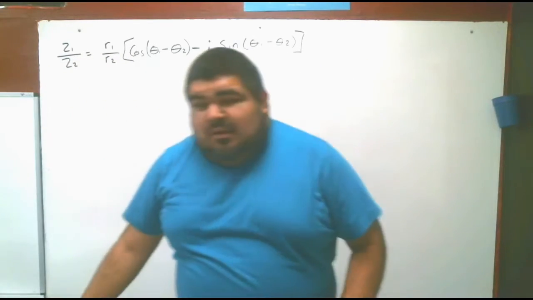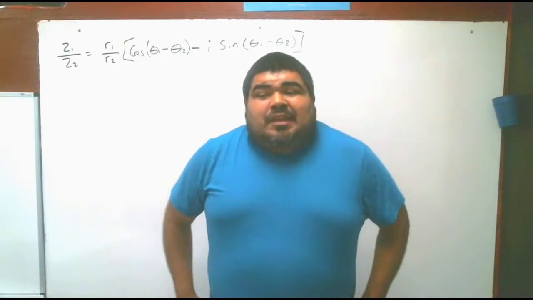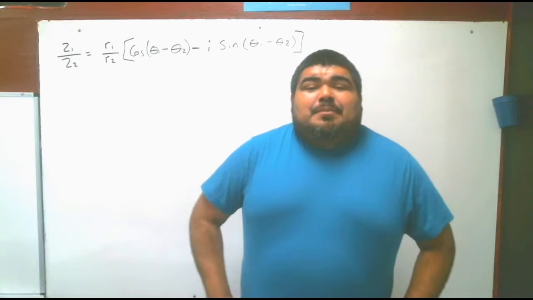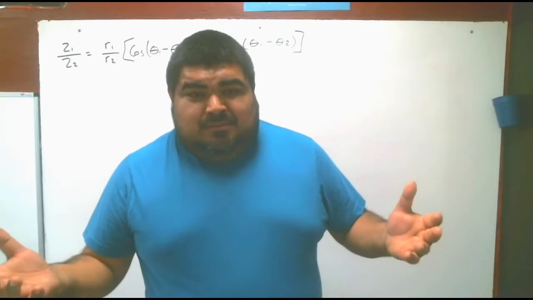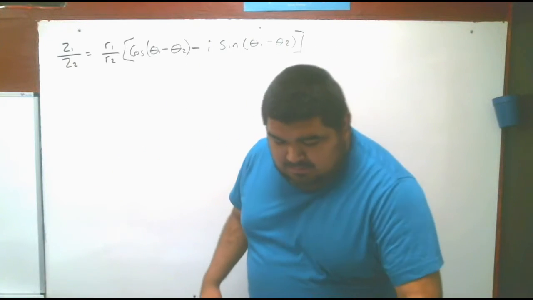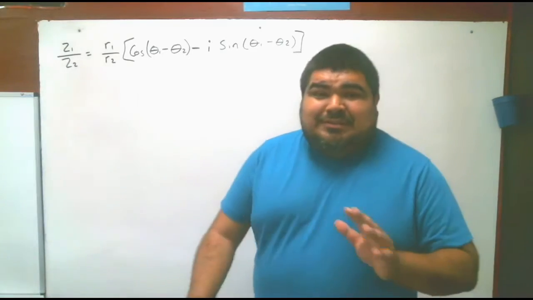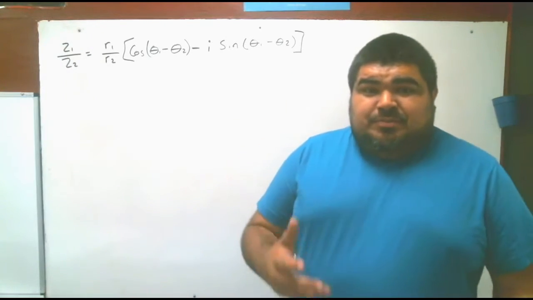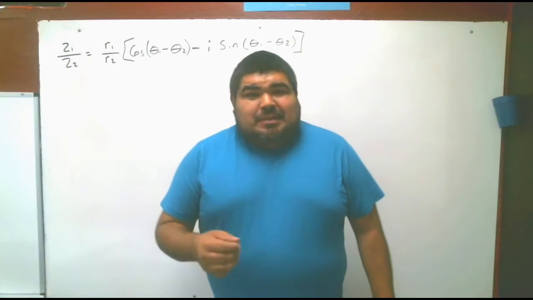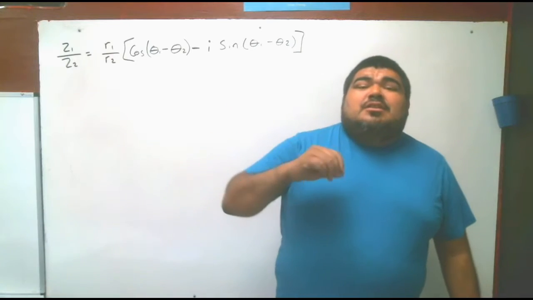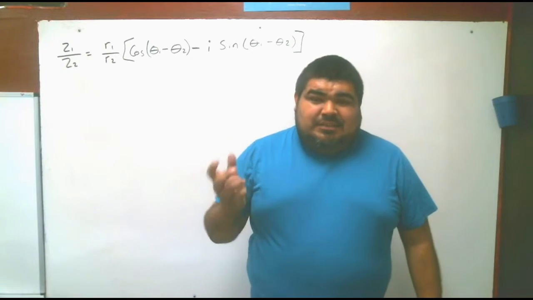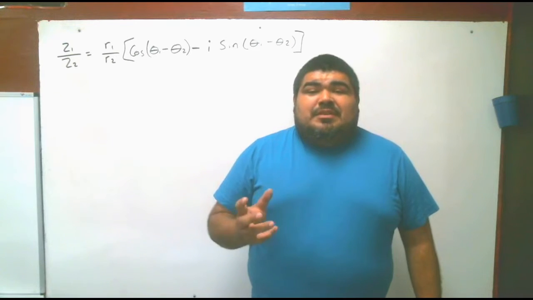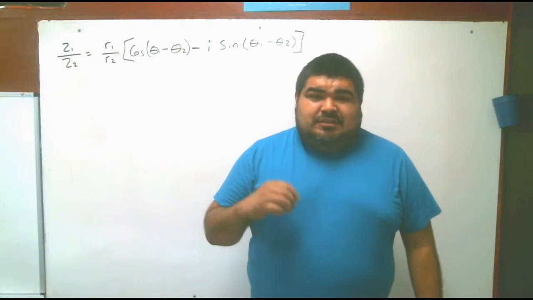Remember, rectangular form is A plus BI or A minus BI. We're going to use the same problems we used last class, which means that your assignment for today is using the same problems I gave you, to convert them, this time by division instead of multiplication.